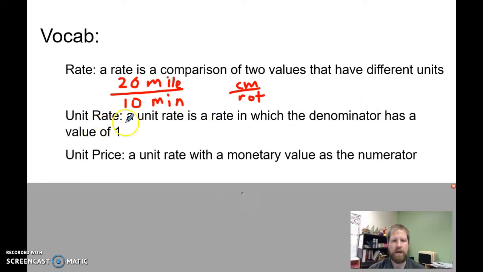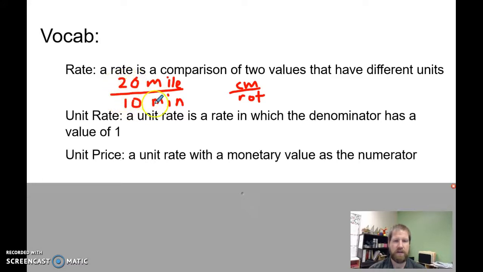A unit rate is similar, except the number in the denominator is always 1. So if I was walking 20 miles every 10 minutes, oh, I said that was slow.